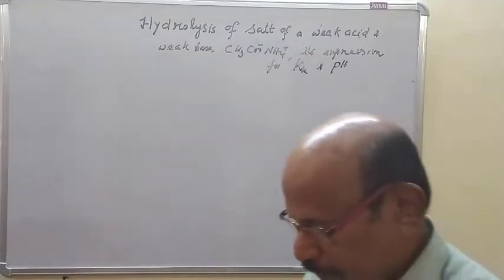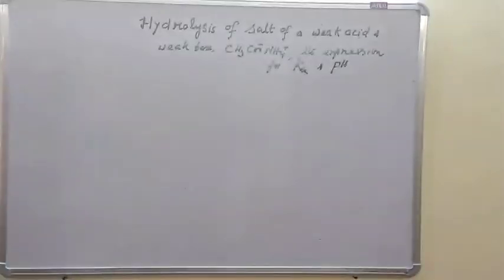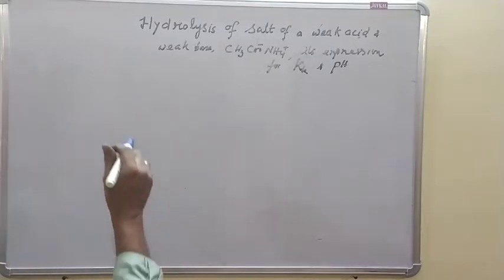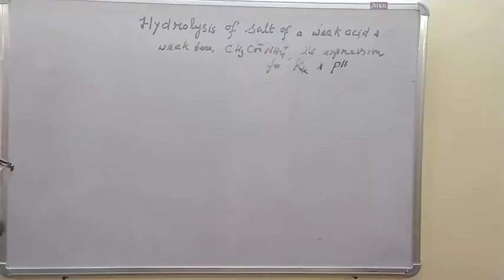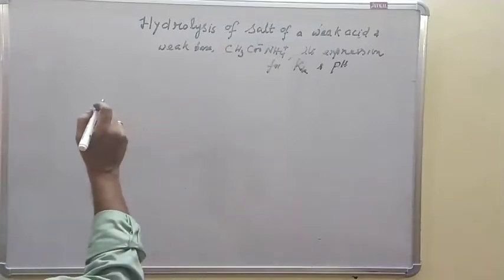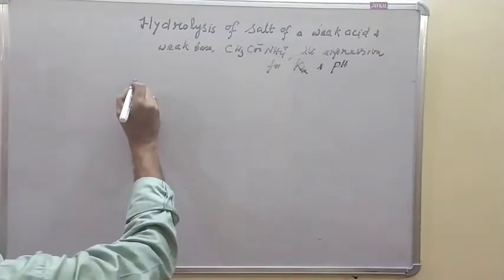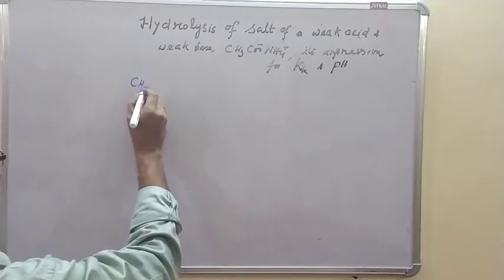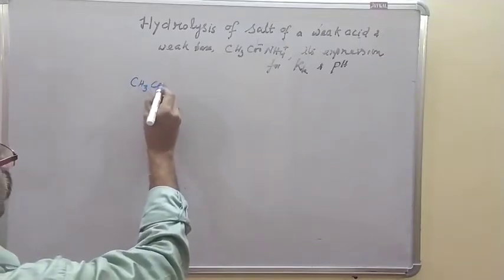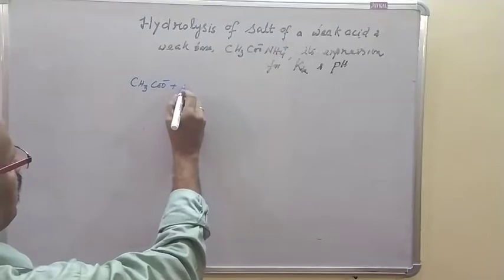So typically we can take ammonium acetate as an example of the salt of a weak acid and a weak base. Any salt can be expressed as made up of two parts, cation and anion, in completely ionized form. So you can write it as CH3COO minus plus NH4 plus.